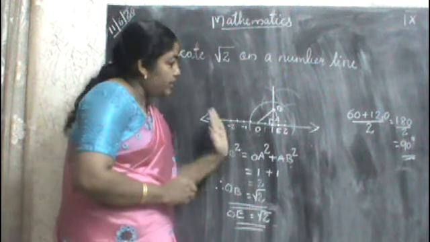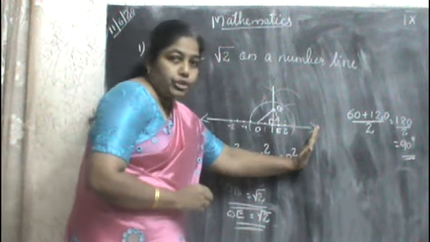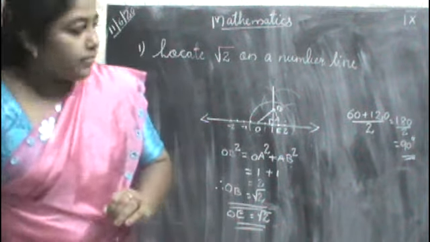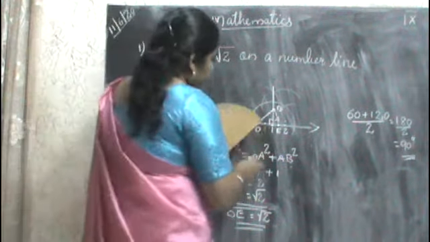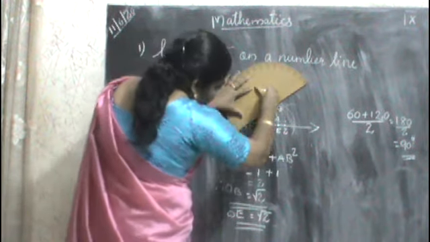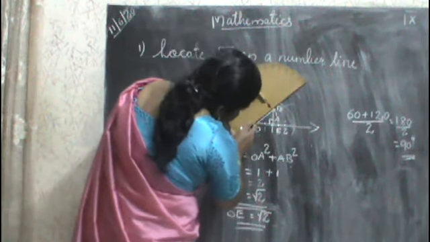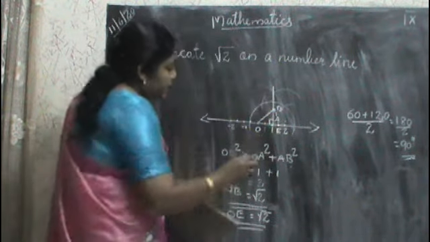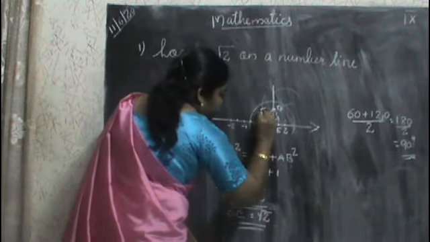For that also you have to draw root 2 on the number line first. Then all of you listen. Take the protractor and keep the protractor like this on OB. This represents root 2.